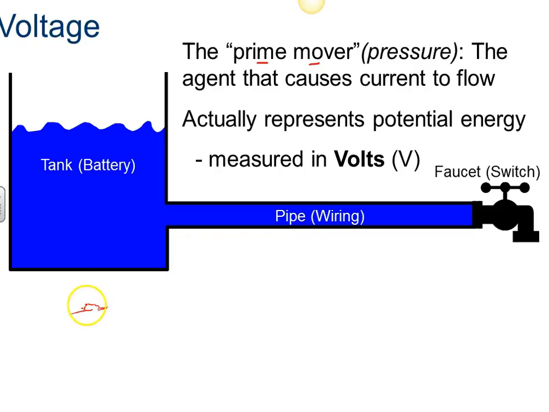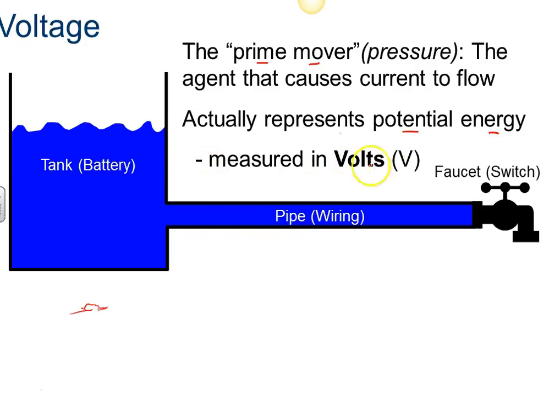So we could say that gravity in that case is a force, but gravitational potential energy is what's actually the prime mover in that case. So same thing with voltage. Voltage is a potential energy condition, and current is going to flow from an area of high potential energy to low potential energy, or high voltage to low voltage.